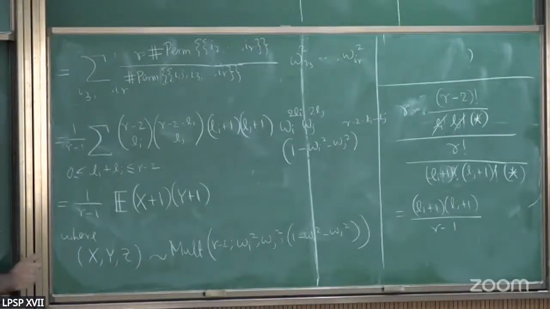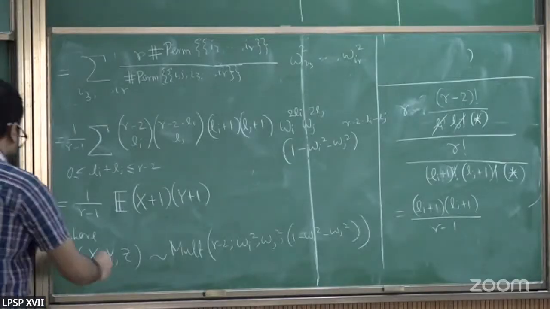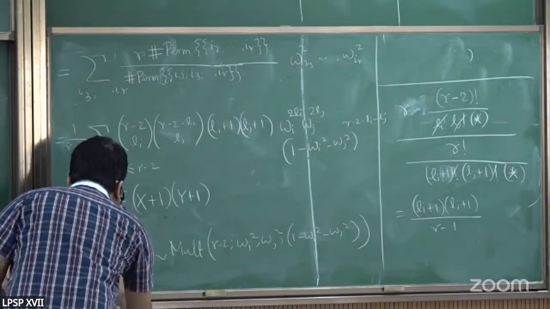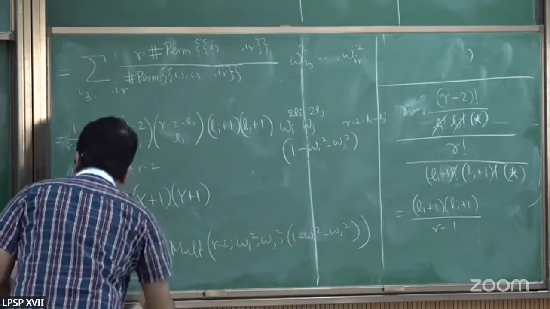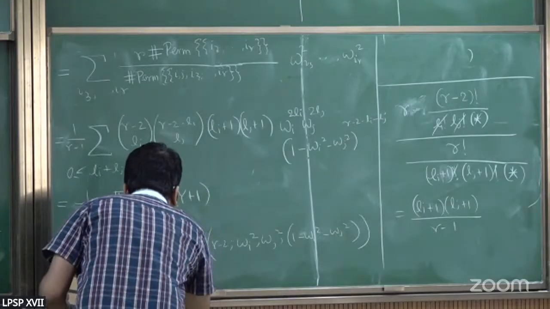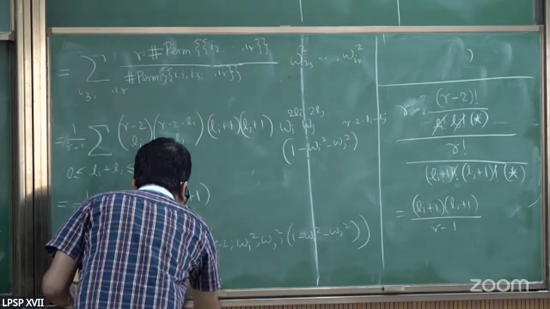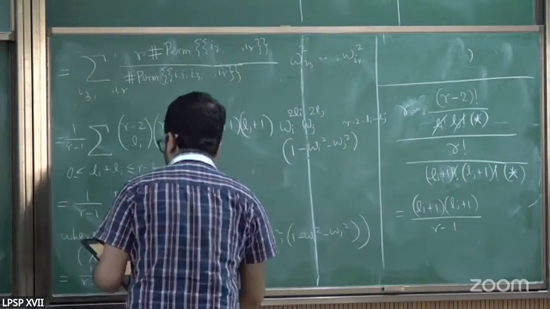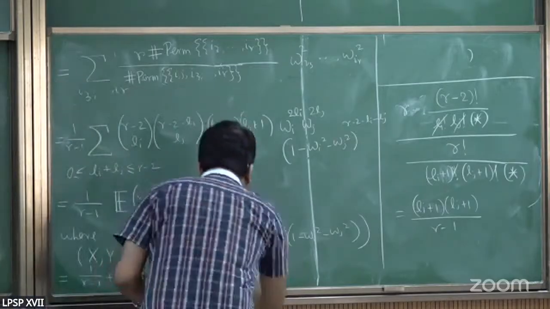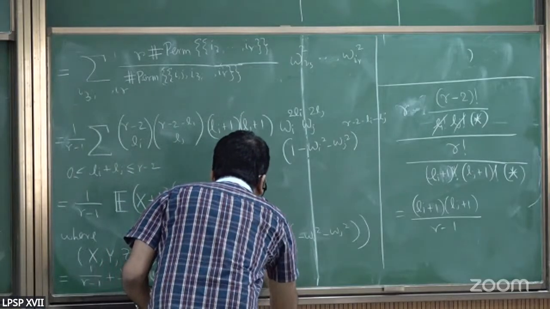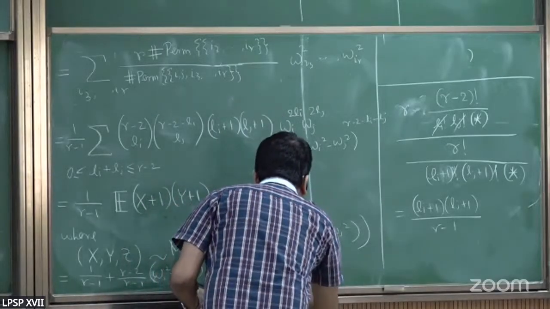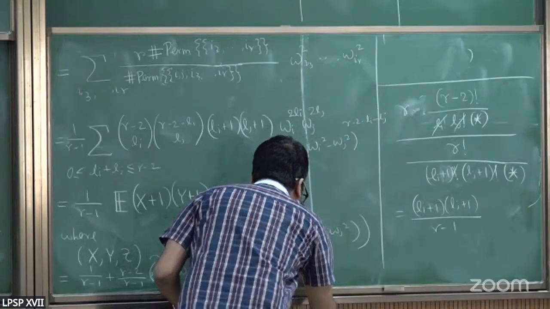Maybe just write down the polynomial expansion and then I'll take a break. So this turns out to be 1 over r minus 1 plus r minus 2 over r minus 1, times Wi square plus Wj square, plus, so these numbers are precisely these constants in the answer, r minus 2 times r minus 3 over 1, Wi square Wj square.